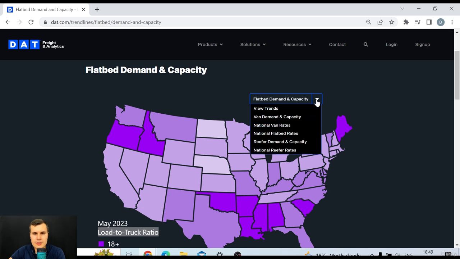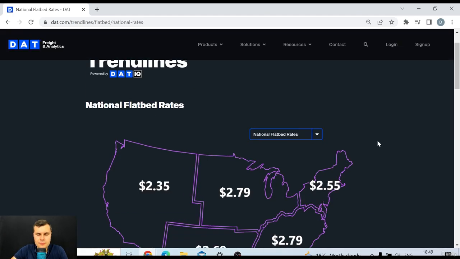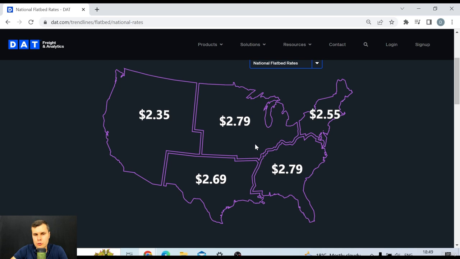And then for flatbeds, another thing we can look at is national flatbed rates. So there's going to be another map, but it's just going to show the average rate per mile for each of the 5 zones of the US.